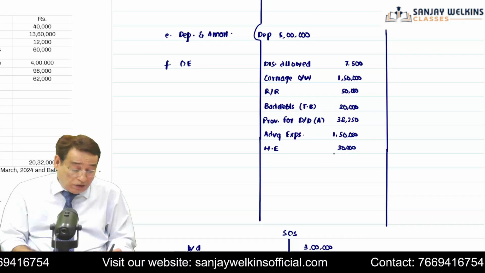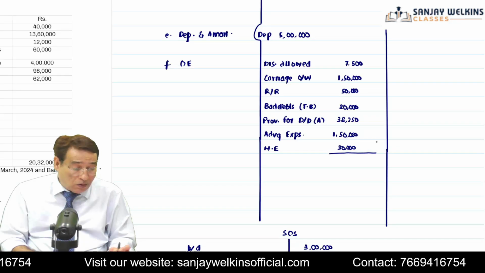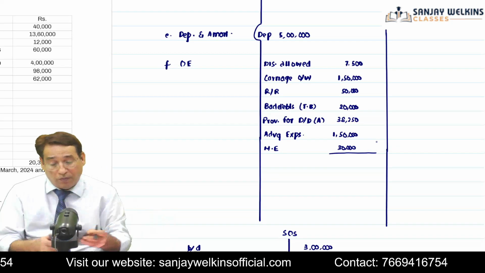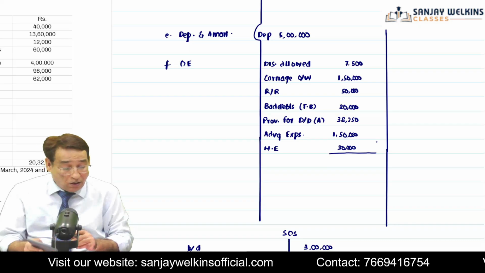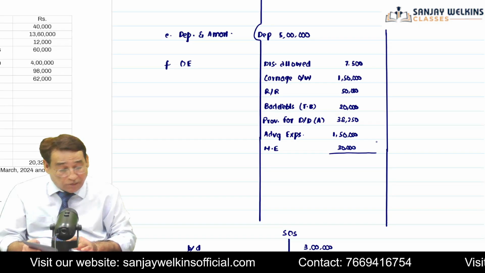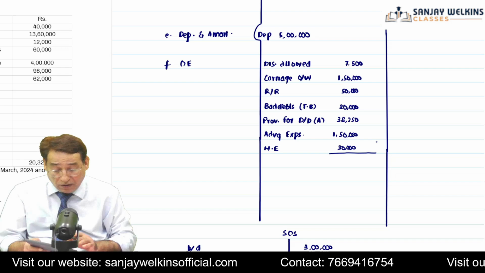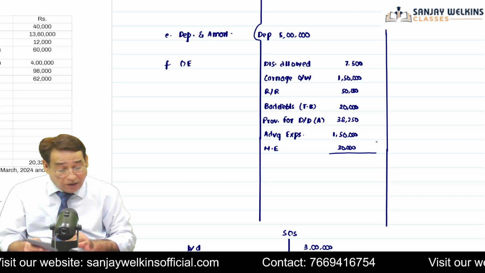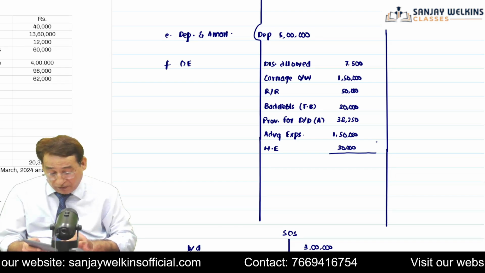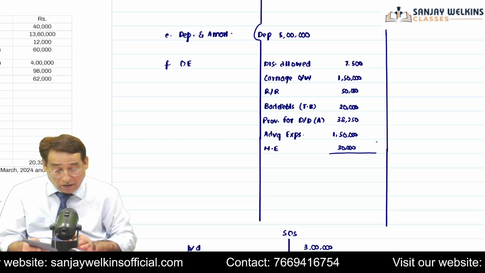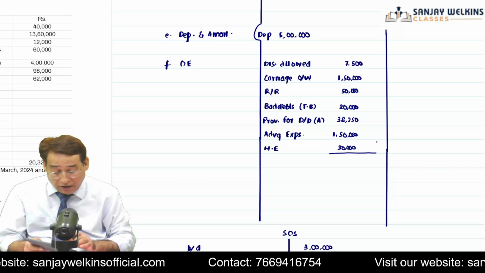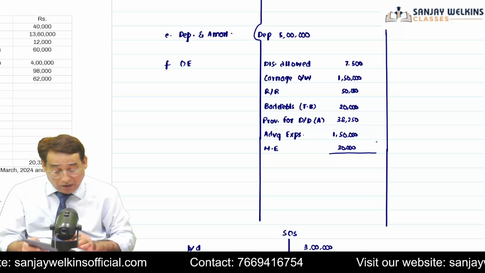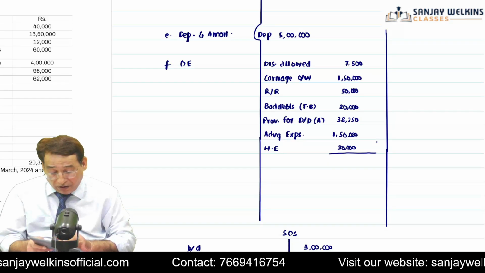This total will be equal to how much? 7,500 plus 1,50,000 plus 50 and 20, 70,000 plus 38,250 and plus 150 plus 30, 180.